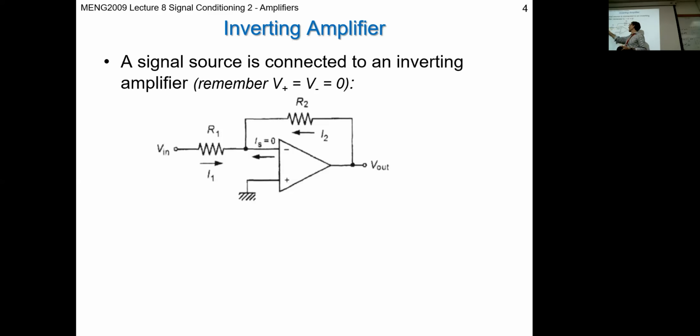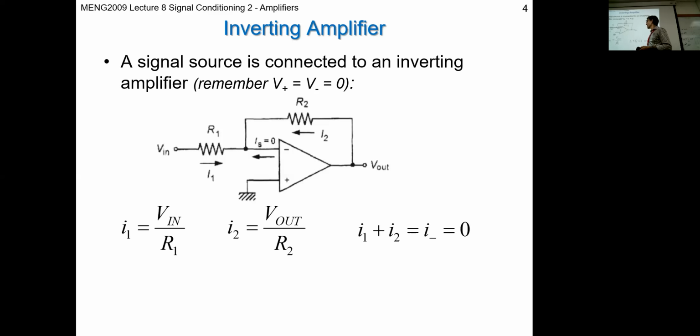That means your current flowing in this resistor has to actually be matched and cancelled out by the current flowing in this feedback resistor, R2. Right, so that means that I1 equals minus I2, basically. They're equal in magnitude, those two currents. So that's our first condition.